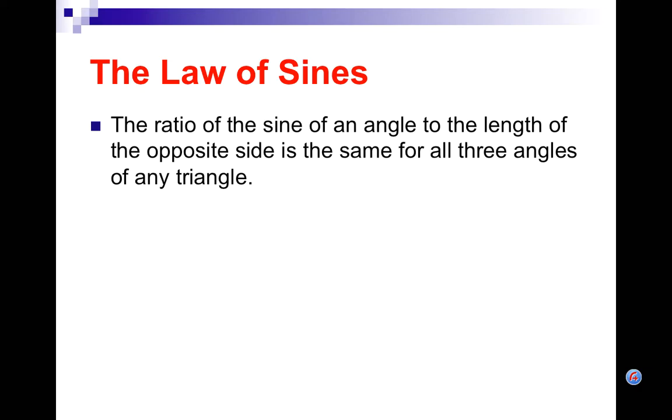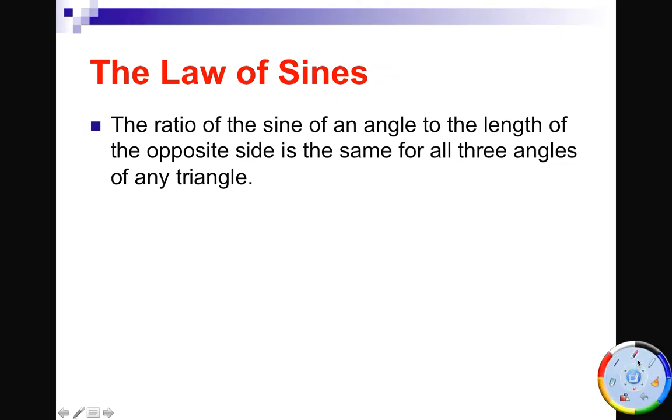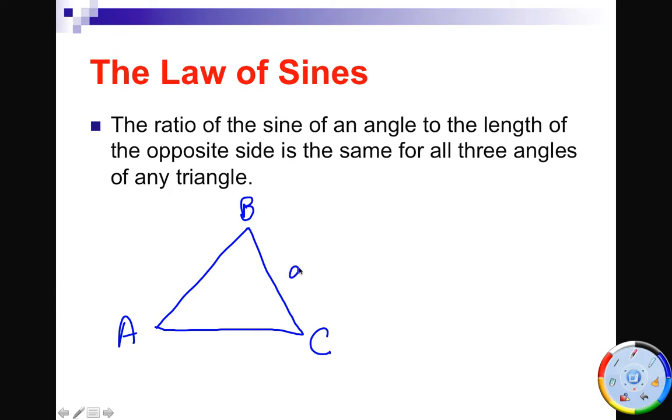So if we think about what that means before I just write down the equations, if I have some random triangle here, it's not a right triangle anymore, and we label our angles big A, big B, and big C, you do need to know that little a goes across from big A, little c goes across from big C, and little b goes across from big B.